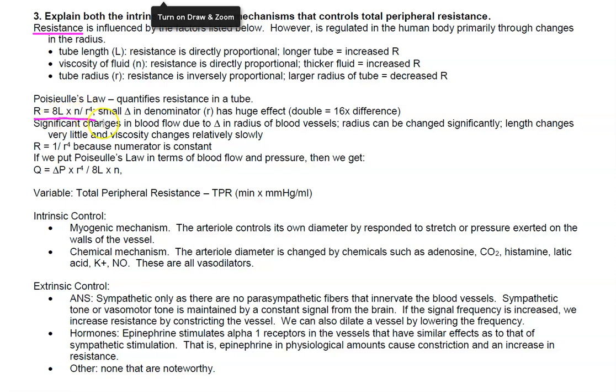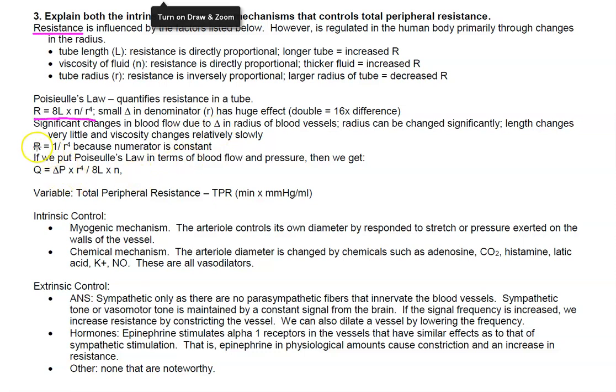But we do change the radius. The radius is half the diameter of the blood vessel, and it has a huge effect because it's raised to the fourth power. So small changes in radius have a huge influence on the actual blood flow itself. And that's how we primarily control minute-to-minute changes in TPR, is changes in radius.